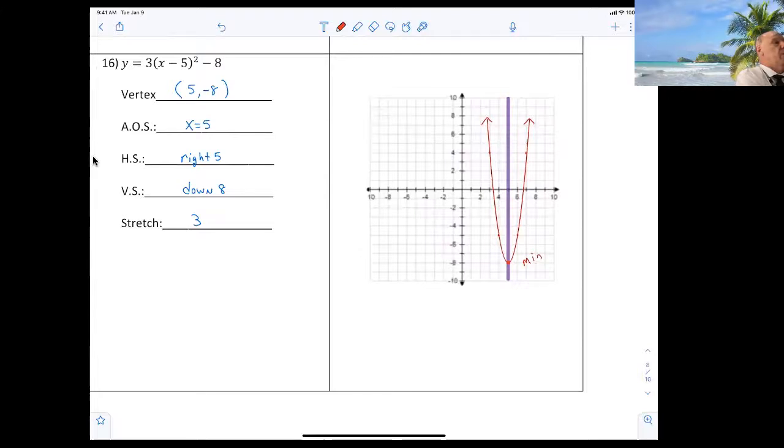Second calc. We want to do the minimum. So your cursor, we want to be just to the left. Hit enter. Then you move it to the right. Okay. All right.